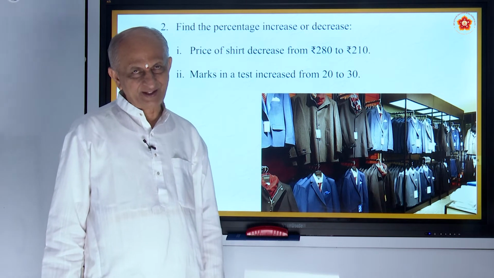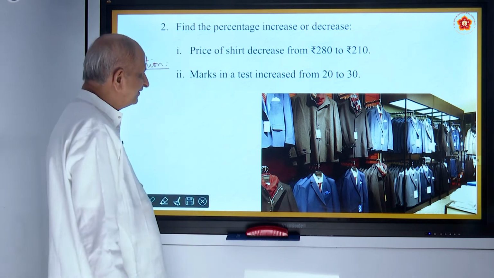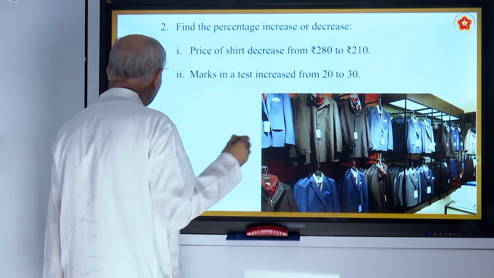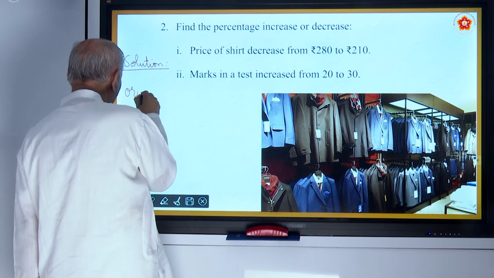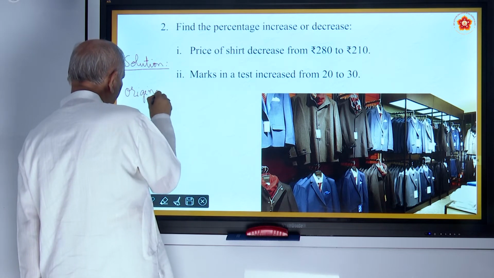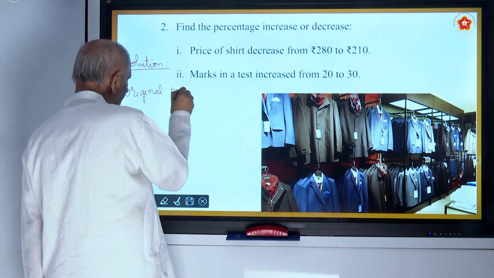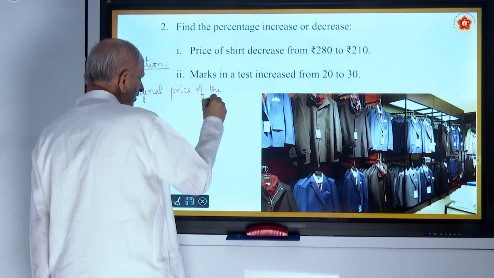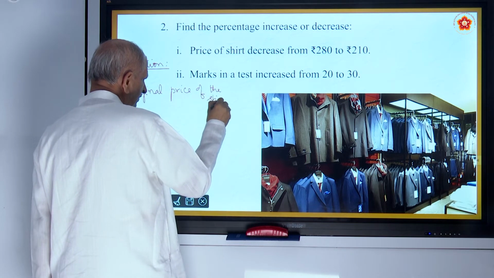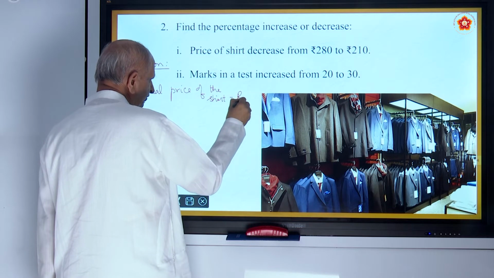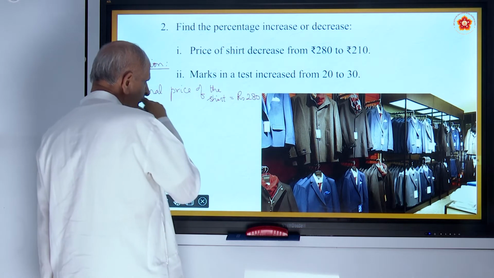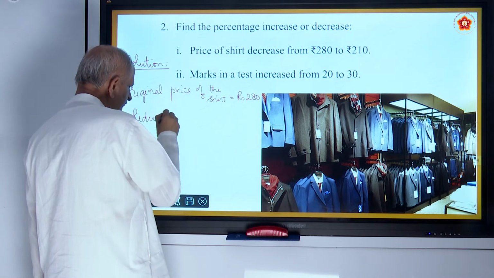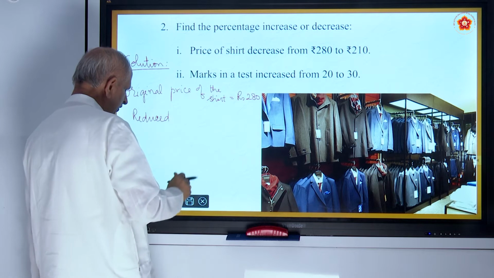A lot of varieties will be there, and usually on festival seasons they reduce the price just to attract the customers. So original price of one shirt, that is the meaning. How much? Rupees 280. Reduced price.